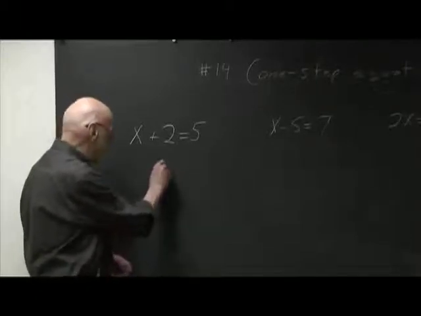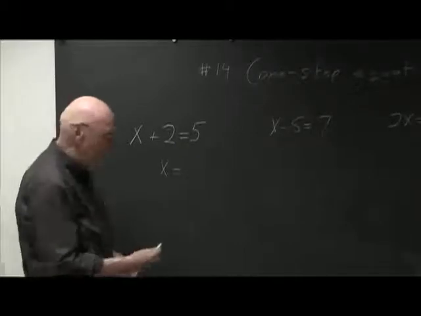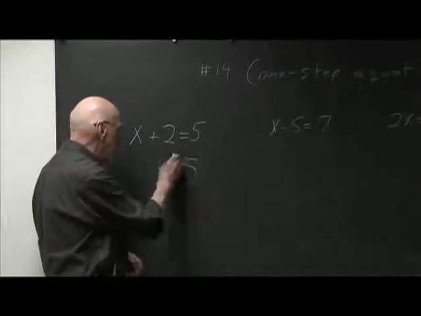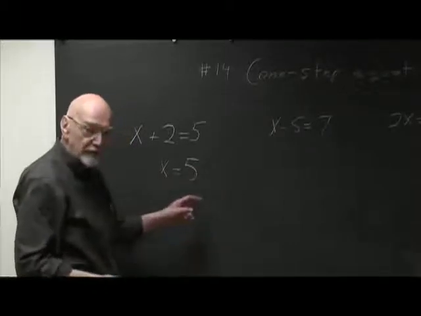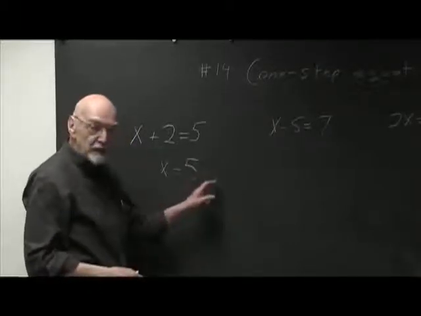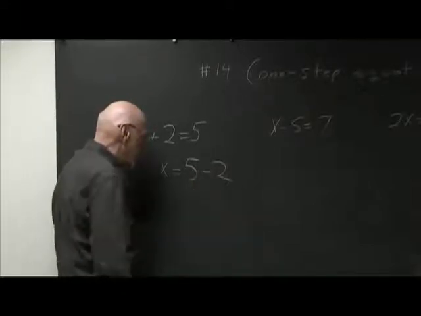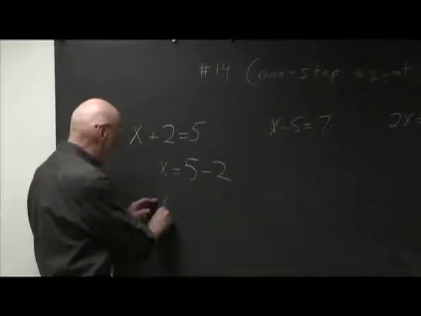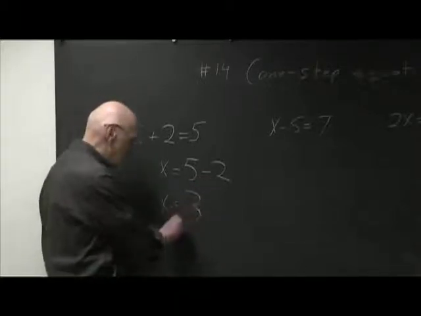We still have the x on this side. The 5 is right by the equal sign, so we leave it there. Pick this up and move it over, and every time we cross the equal sign, we change the sign to the opposite. So plus 2 on this side becomes minus 2. Now we have x equals 5 minus 2, which is 3.